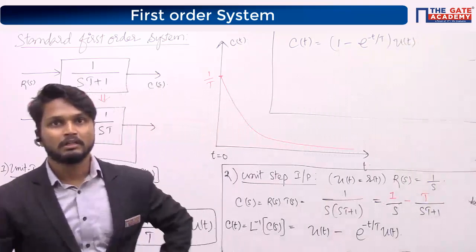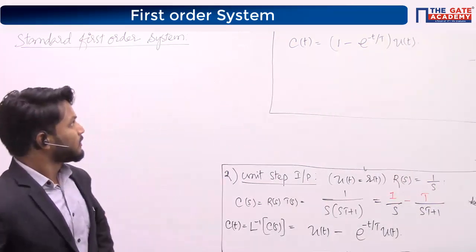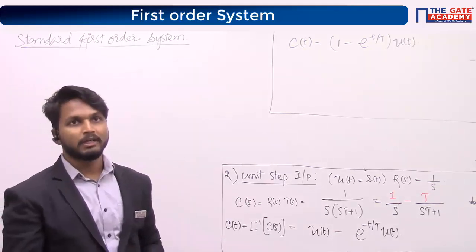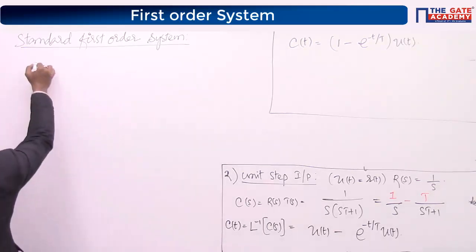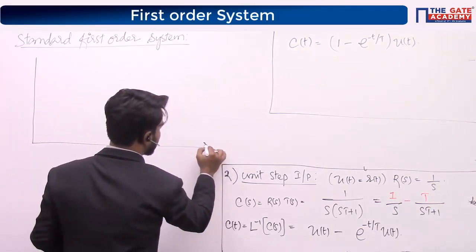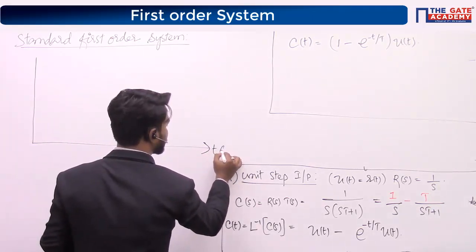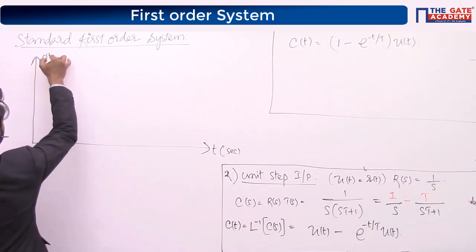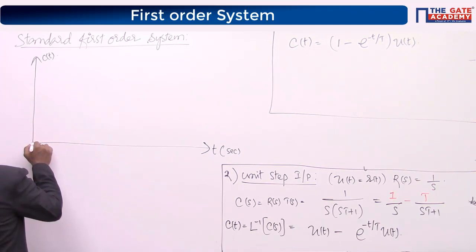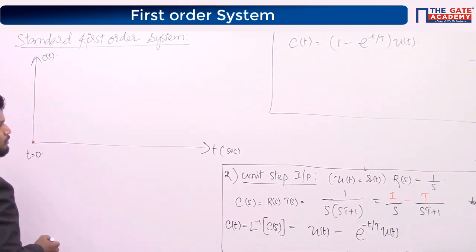C of t, this is your output, right? So see here, we just have to plot c of t. So how to plot c of t? What is its value at t is equal to 0? Tell me. How much is the final value? At t is equal to 0, the response value is 0.